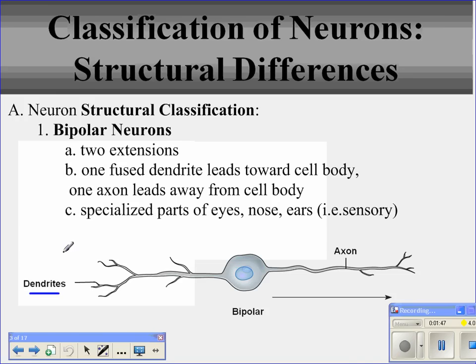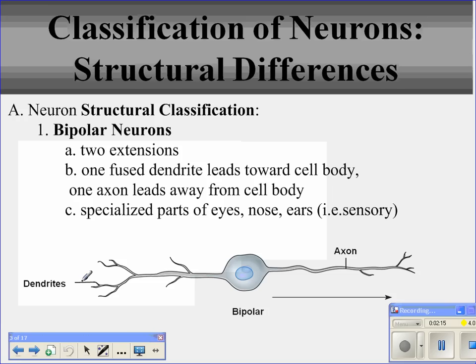Remember, dendrites always carry information to the soma. So whether you're sensing light, sound, pressure, an odor, whatever the case may be, the dendrites are going to have some sort of sensory receptor, whether it's a chemoreceptor picking up a chemical, a light receptor, a rod or a cone sensing some sort of light or color, or a sound receptor, whatever the case may be. That's going to be on the end of this.